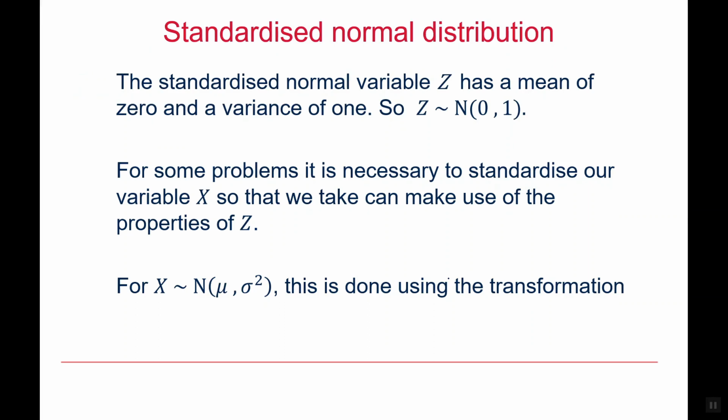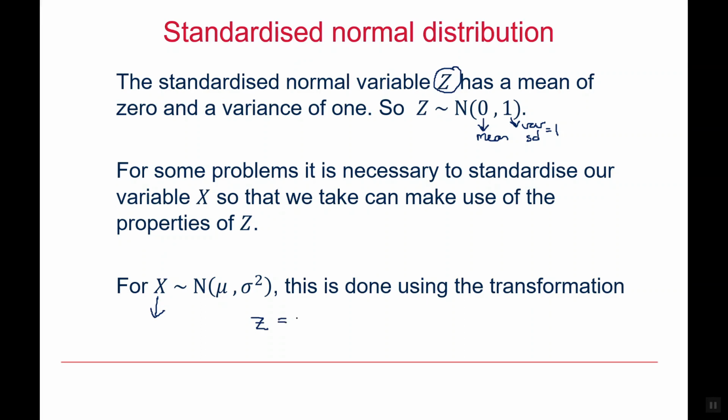If we now just recap on the standard normal variable that's denoted Z and is normally distributed with mean 0 and standard deviation and variance both equal to 1, we need to be able to use this to solve problems sometimes involving the normal distribution at A-level. And so you need to be aware of the transformation from our real life variable to our standardised variable.